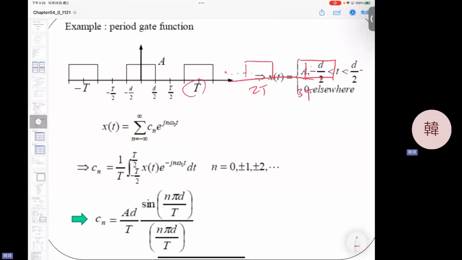In one dimension, but in two dimensions it is like a cube, like a tofu. In one dimension, x(t) equals A, the amplitude A, between minus t divided by 2 and plus t divided by 2, and the period is capital T. So the range should be like here, right?